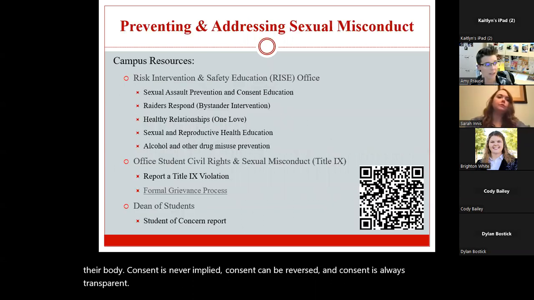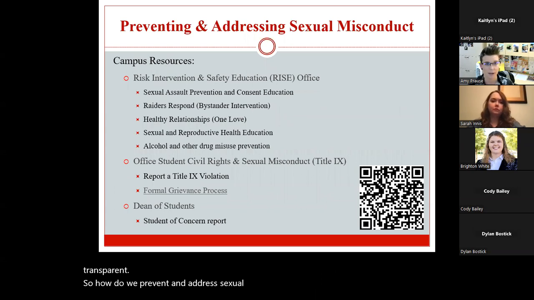So how do we prevent and address sexual misconduct as it applies to our student organizations? Here on our main campus, these are some resources that our main campus students have access to.